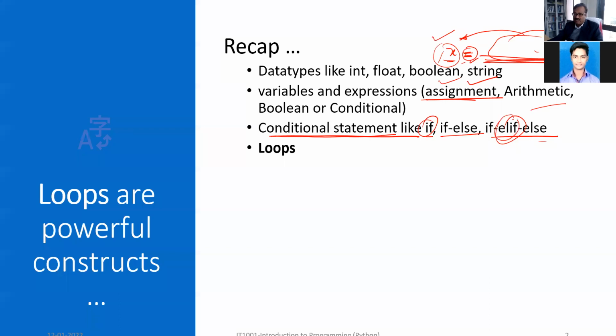If none of the if or elif parts match, then there is a final else block, which we can say is the default one. If no condition matches in this if statement, then finally this else part will get executed. So this is one kind of control flow statement, right?